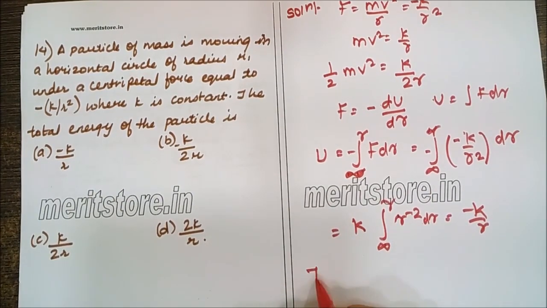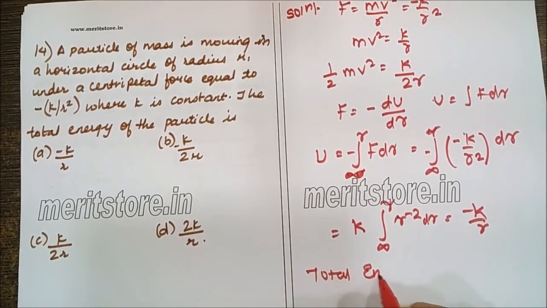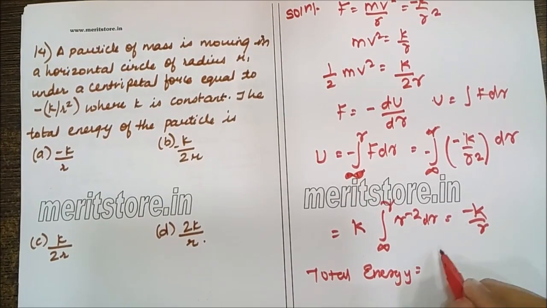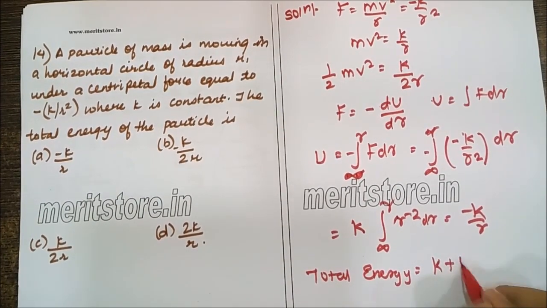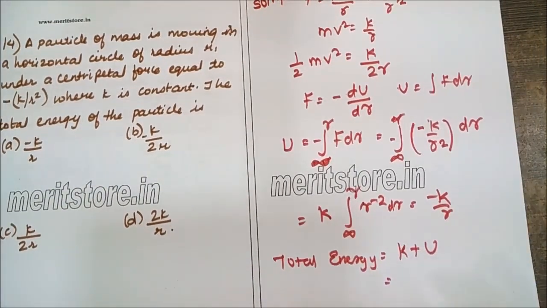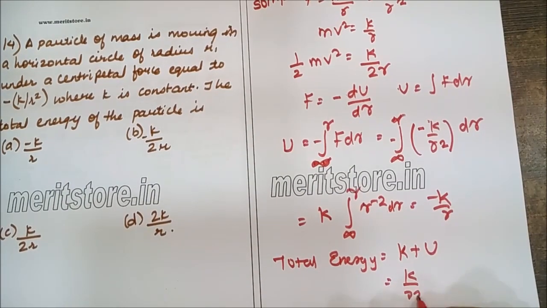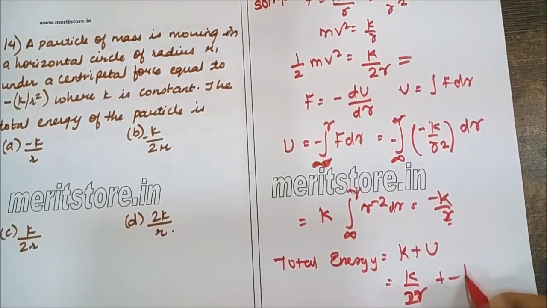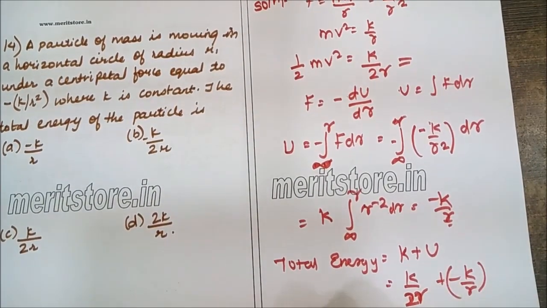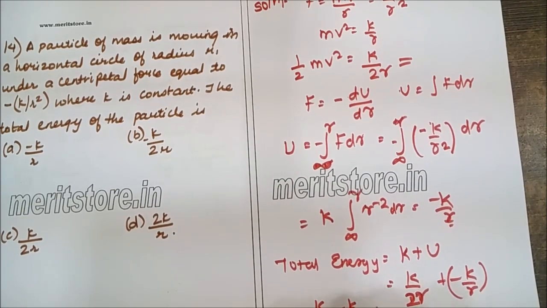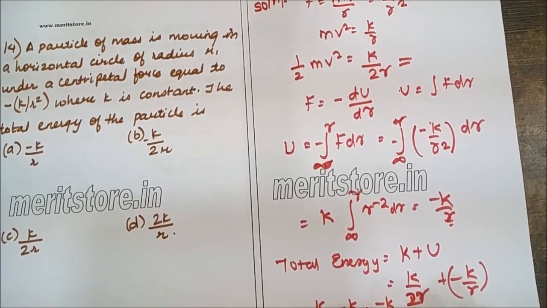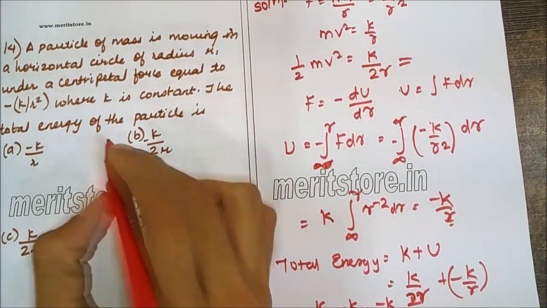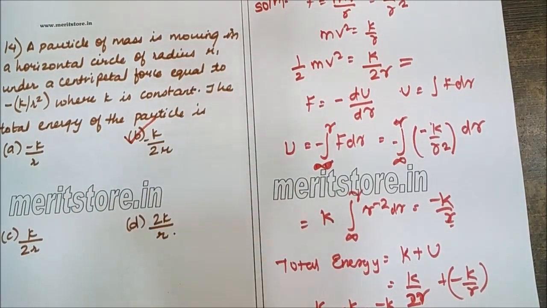So the total energy is given by the kinetic energy plus the potential energy u. The kinetic energy is k upon 2r, we found it over here, plus the potential energy is minus k upon r, so that becomes k upon 2r minus k upon r, that is minus k upon 2r. Okay, so the answer is minus k upon 2r. B is the correct option.